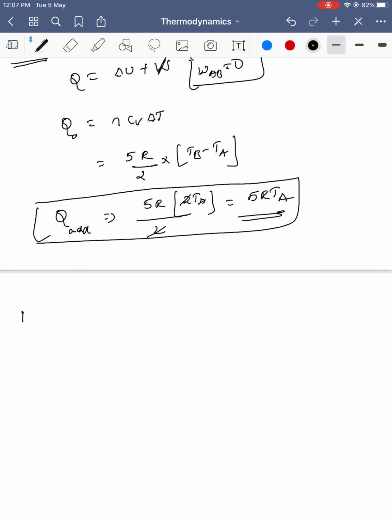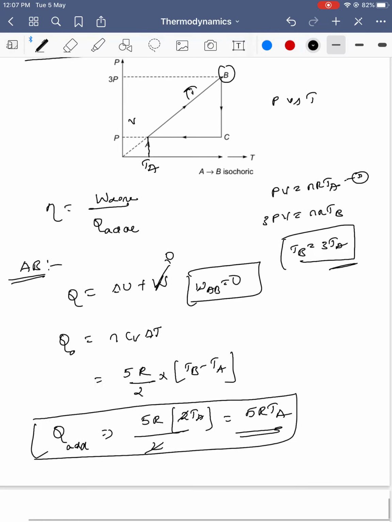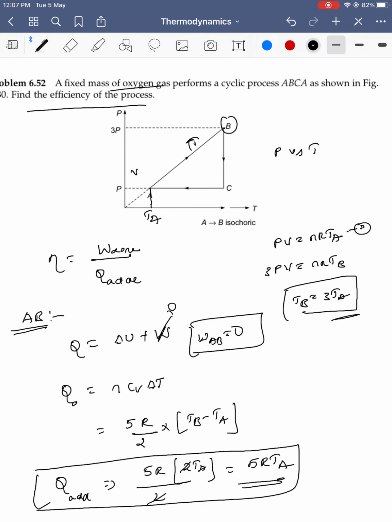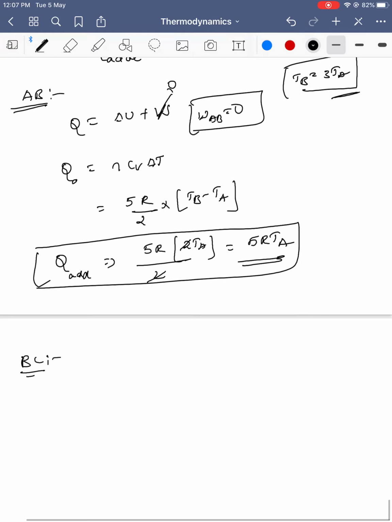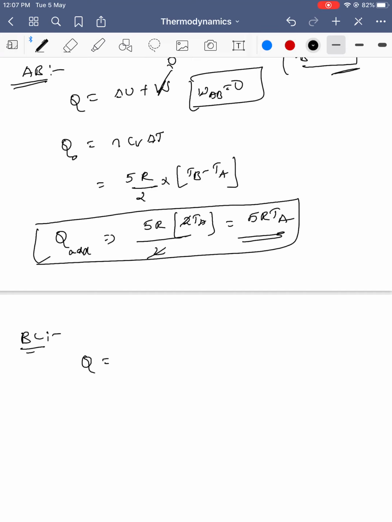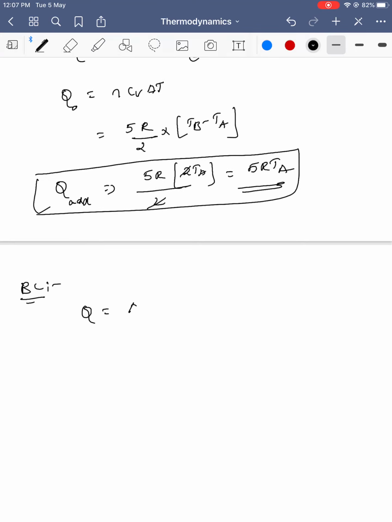Next, process BC. In the process BC, work done. What kind of process is this? Isothermal process. Q is equal to delta U plus W, and in an isothermal process delta U becomes 0.